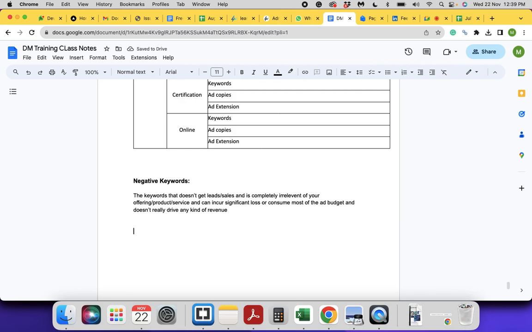Search terms are the keywords used by people for which the ad will be triggered on the basis of the seed keyword input. Okay, so these search terms you can find here. I'll show you where to find them.